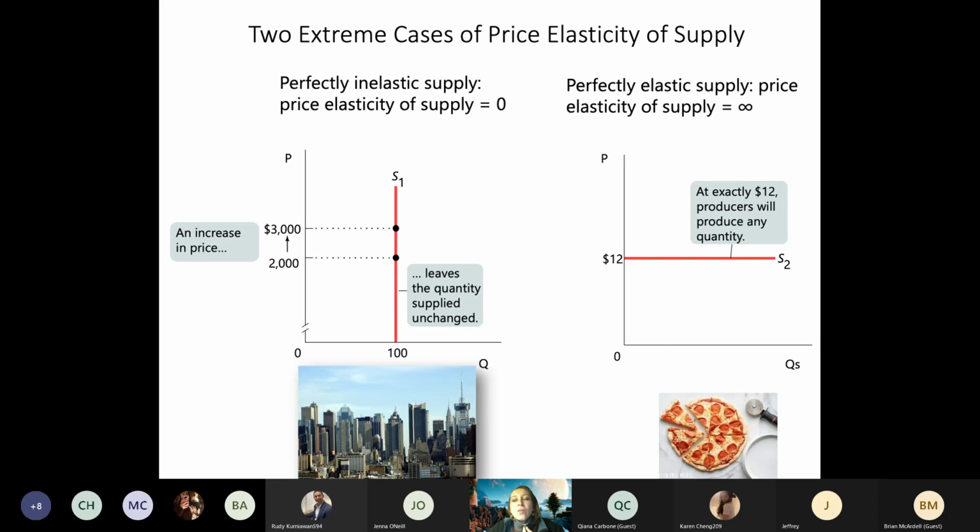And it all has to do with information. Not all consumers know exactly that they can go around the corner and buy the same pizza for $12. And maybe even if they knew exactly that they could buy the same pizza around the corner within a short, 10-minute walk, they still don't want to make that walk.